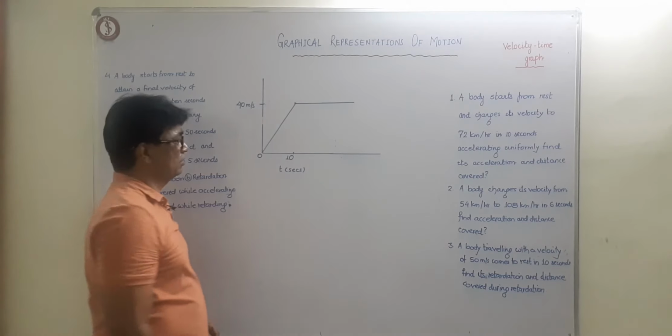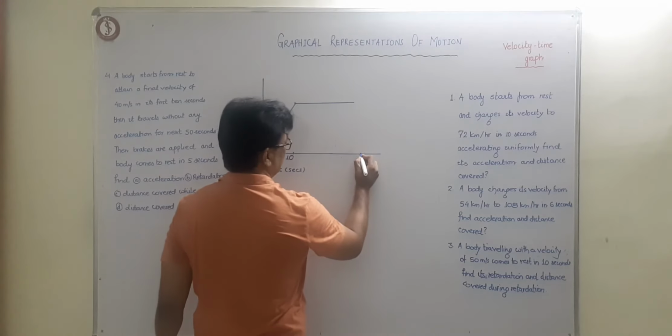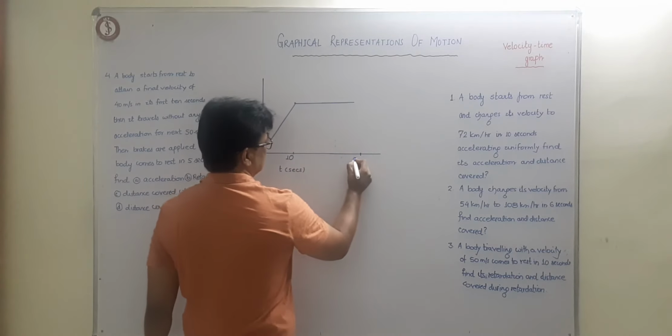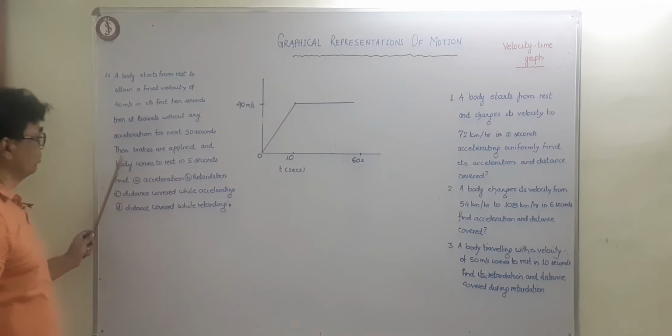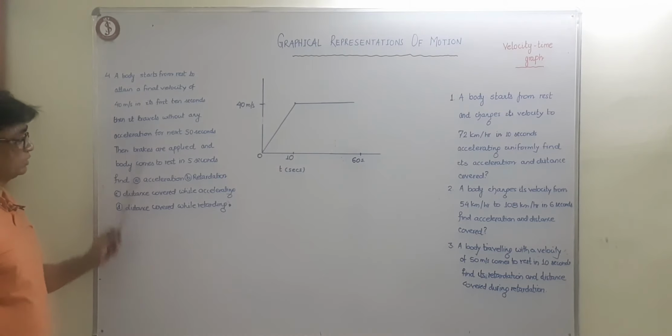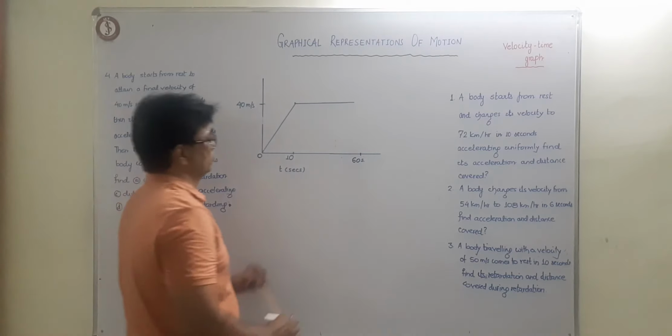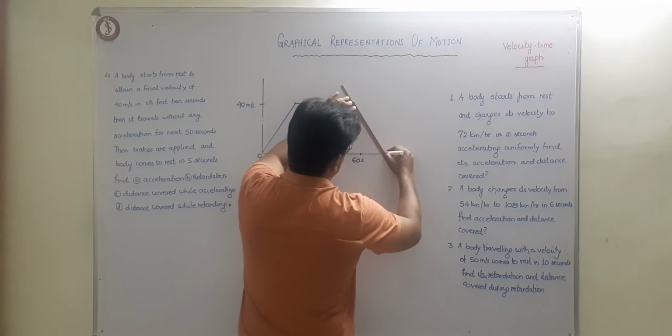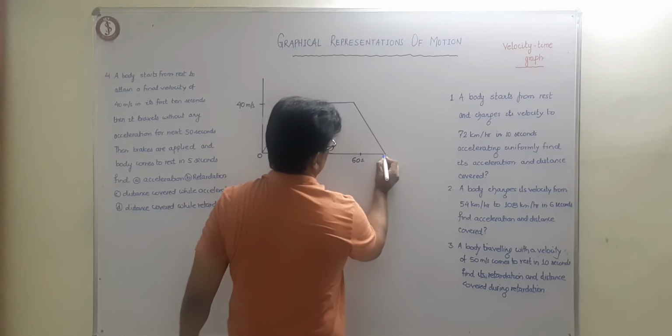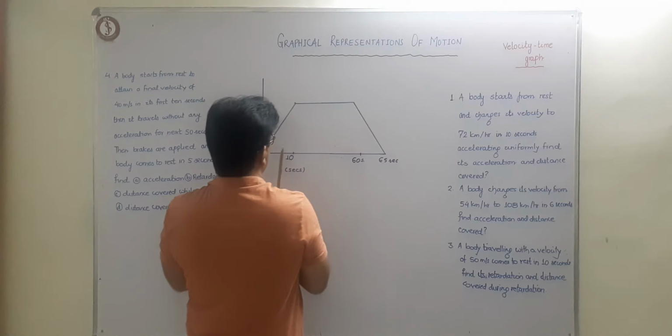You can say, okay, till here it is 50. So 10 plus 50, this is 60 seconds. And then brakes are applied and the body comes to rest in 5 seconds, right? So this is 65 seconds. Now we can easily find out whatever is asked.